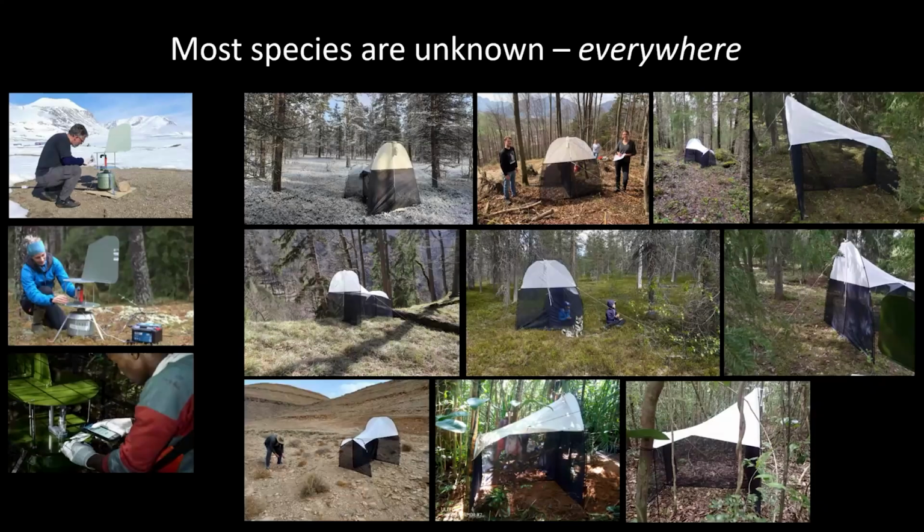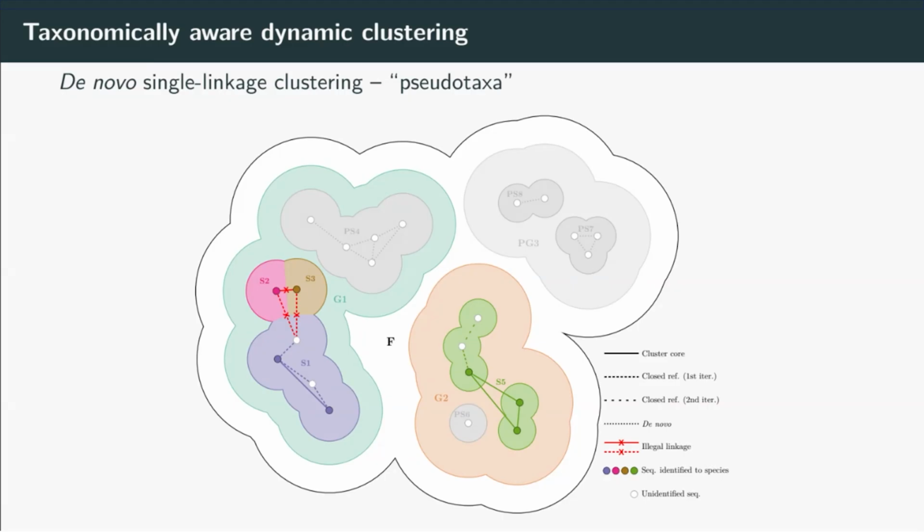And why this is so important is because without this, we can't deal with the unknown variation. We can't decide how many species there are in our material. We can't compare communities in terms of what species they share with each other if most of them are just unnameable and unknowable. But now we can operate with them.